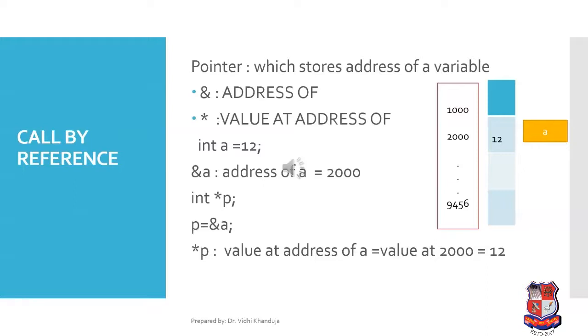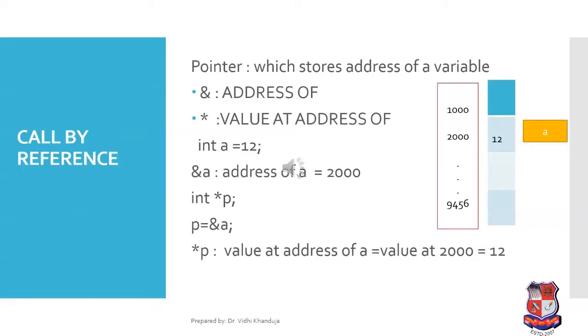That means we are declaring p as a pointer. Pointers are special variables which store the address of a variable. Now p is assigned the value &a, that means p is assigned the address of a, that is 2000.